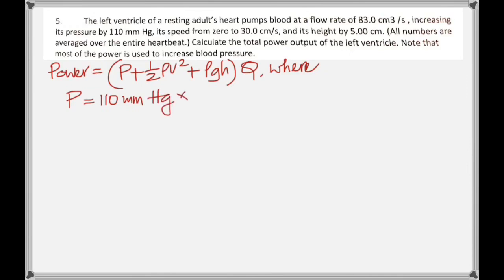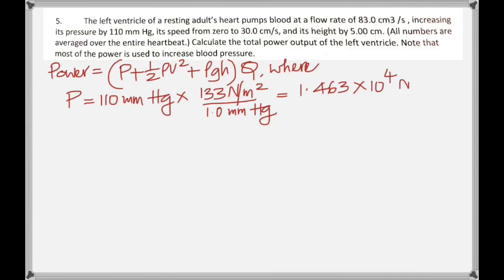The pressure is given as 110 millimeter mercury, which we need to convert into pascals by using the idea that 133 pascals is 1 millimeter mercury. So we get the pressure in the proper units, Newton per meter squared, or pascal.